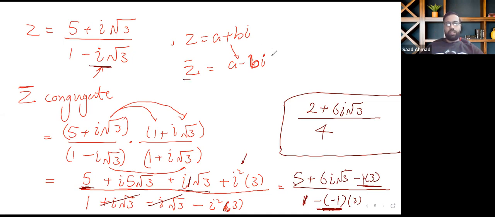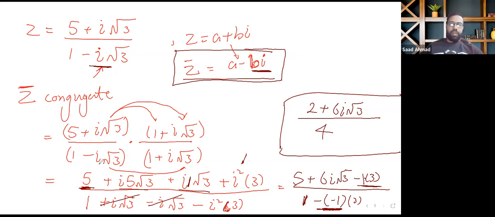This is the z conjugate. If we have a complex number z and want to find its conjugate, we change the sign of the imaginary part, right? So I had 1 minus I square root 3. So I multiplied it with 1 plus I square root 3 by flipping the sign with its conjugate.